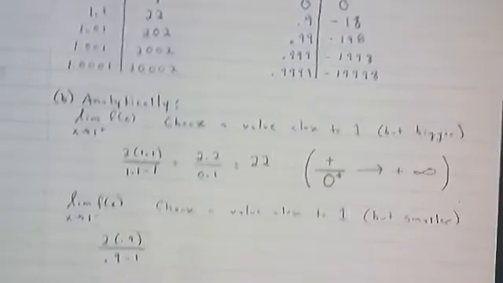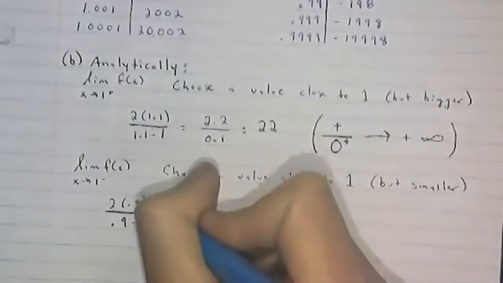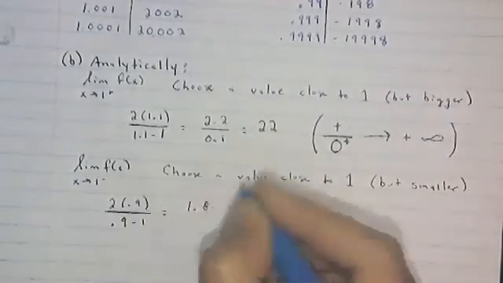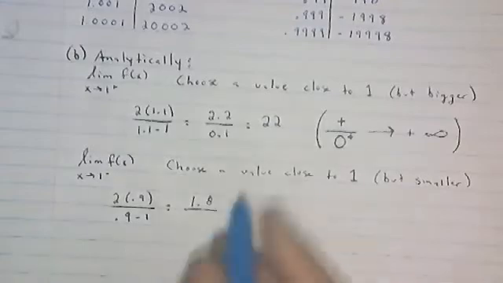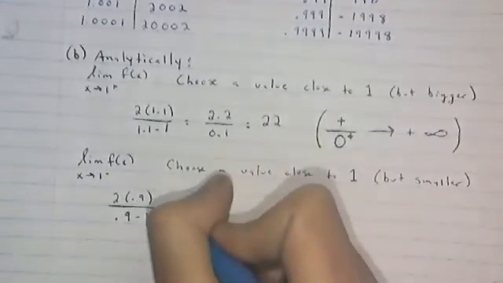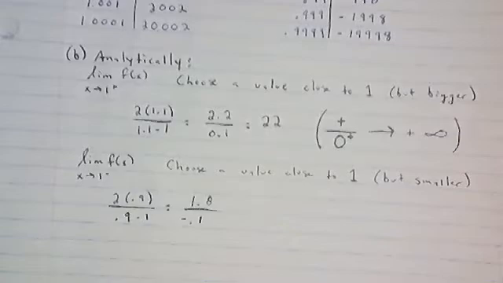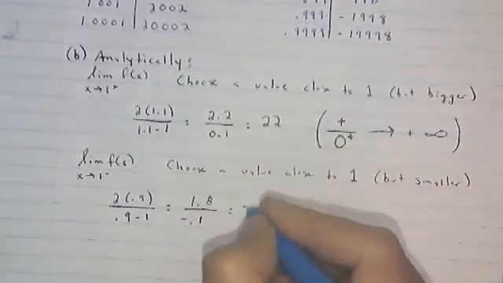So 2 times 0.9 divided by 0.9 minus 1. Now we're getting our 1.8 on top. Now the bottom turns into a negative 0.1. So this quotient turns into a negative 18.